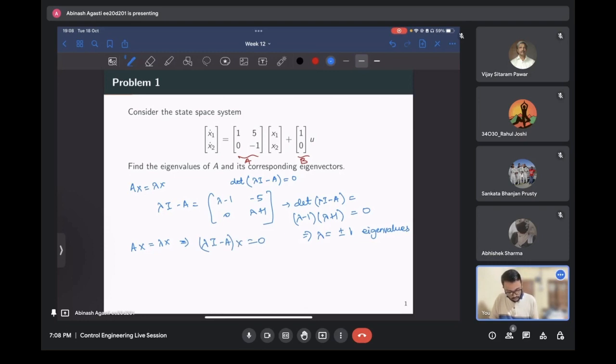So lambda I minus A, let's find out for lambda equal to plus 1. It is 0, minus 5, 0, 2, right, into x, which is something x1, x2, equal to 0. So what x1 and x2 satisfy these?